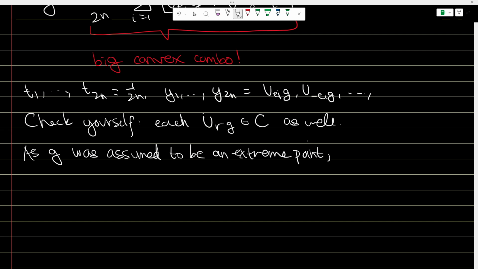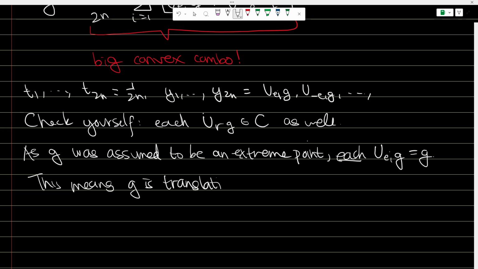But as G was assumed to be an extreme point, this means that each U_{e_i}G has to be equal to G itself. And that means G is translation invariant. The other word for translation invariant we can use here is constant.